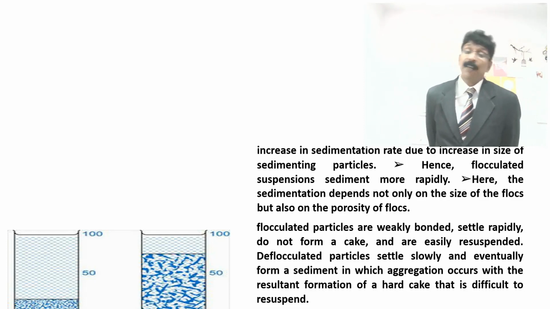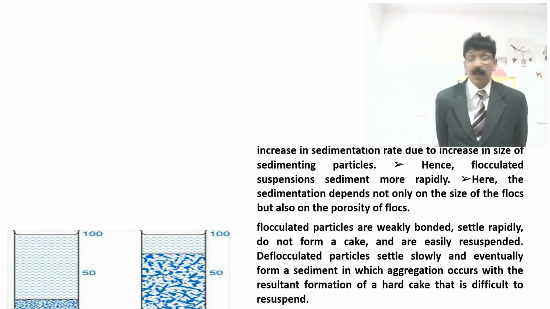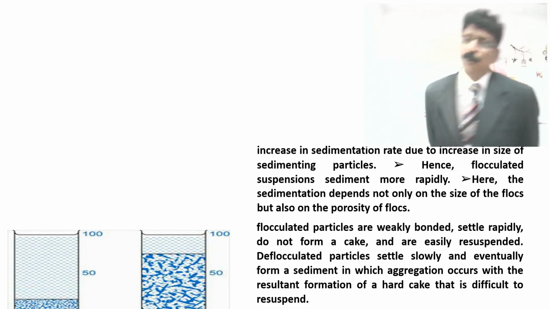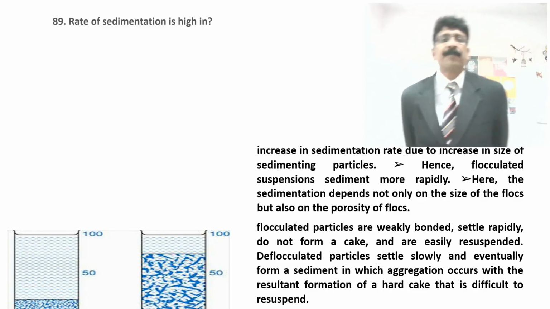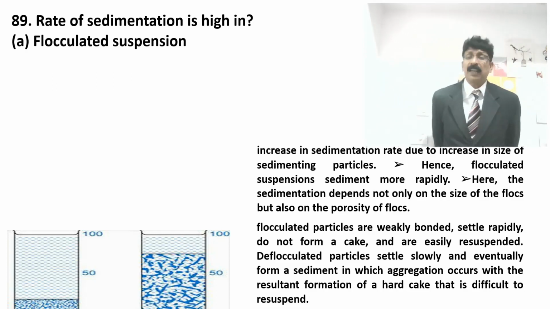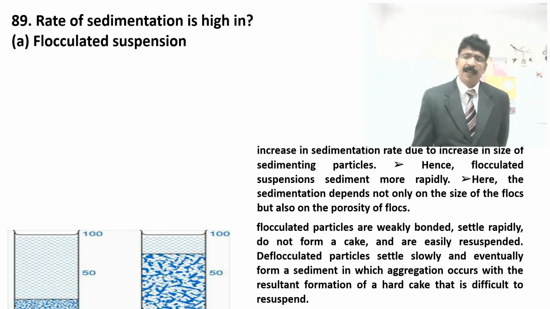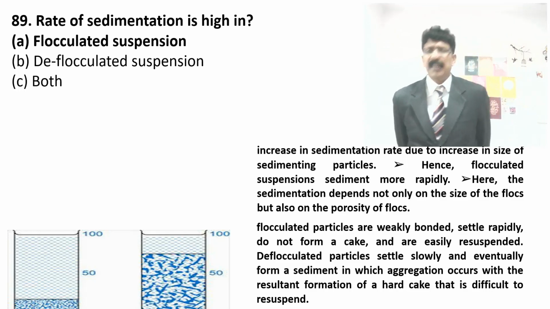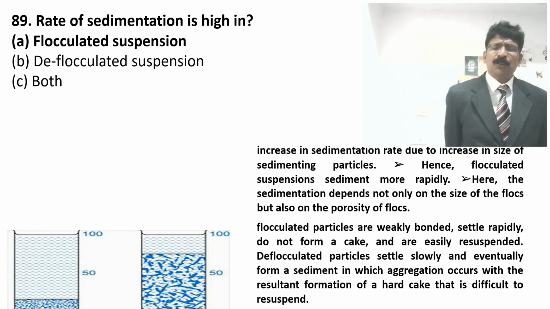But deflocculated particles deposit slowly, and it is very difficult to resuspend them. So the rate of sedimentation is high in flocculated suspension is the correct one. Deflocculated rate will be less, but the cake will be difficult to separate. You just remember that. Pharmaceutical preparations are always flocculated suspensions.